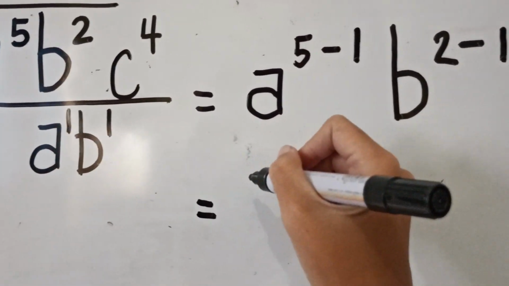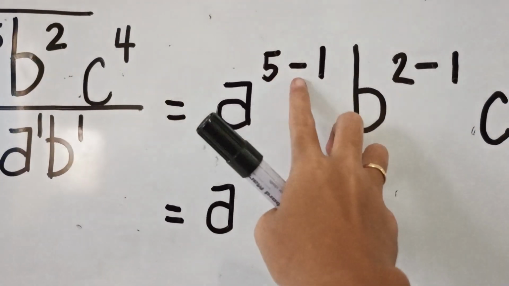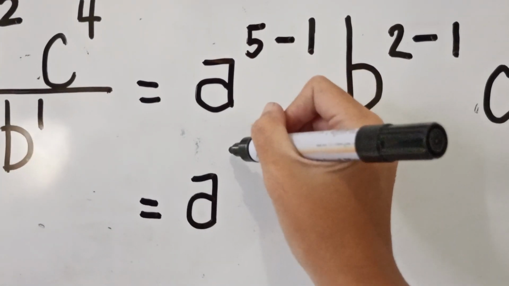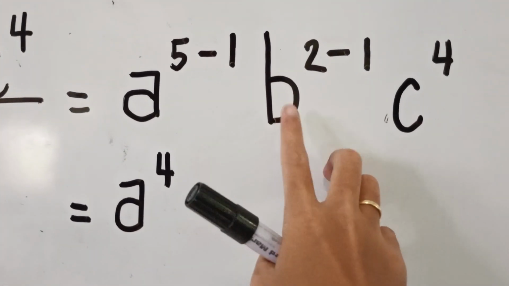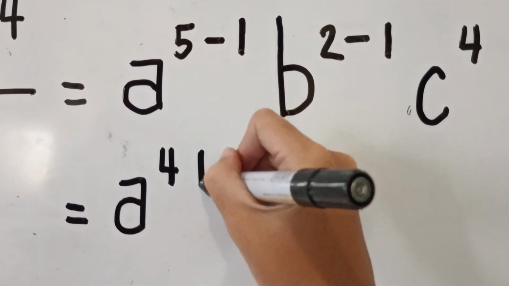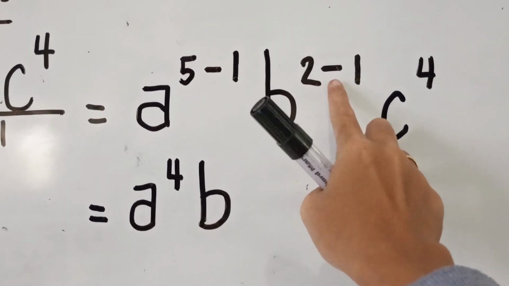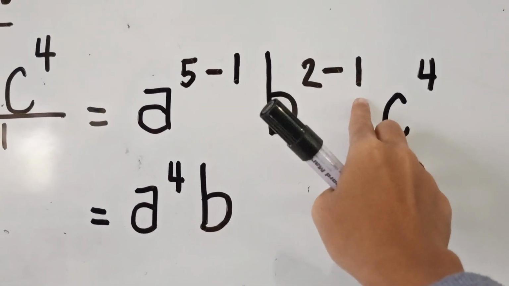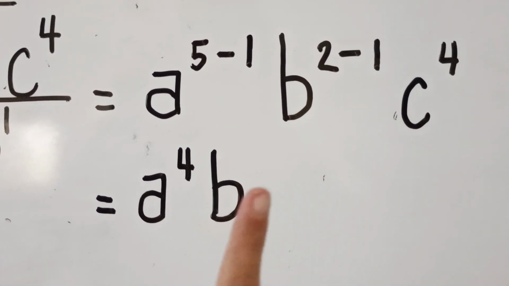Now we're gonna do the operation. So let's have first the variable a, and then 5 minus 1, that will give us 4. And then let's have variable b, then we're gonna have 2 minus 1, that will give us 1. So we're gonna write 1 here.